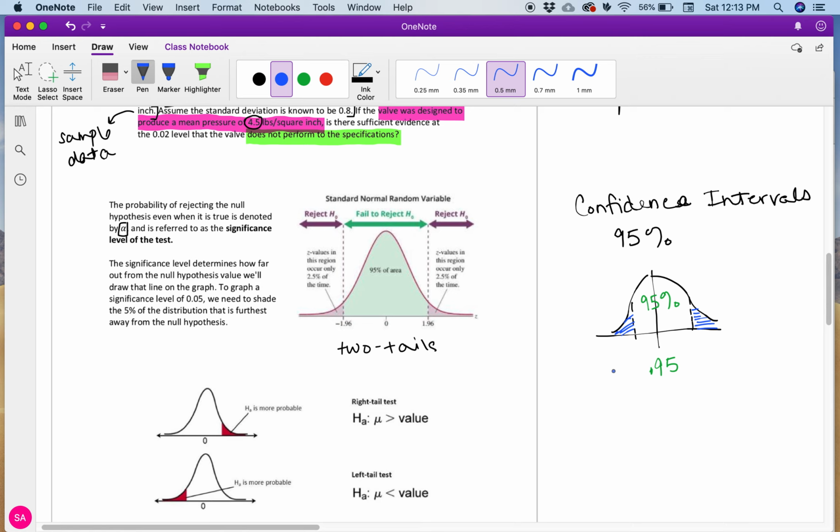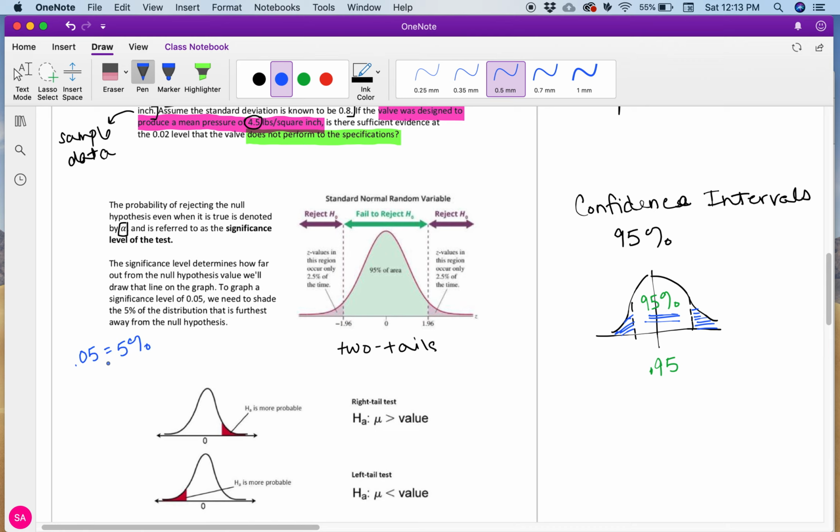So we did this with confidence intervals. It's just that we were referring directly to the 95%. And then you could kind of work backwards to figure out the area in the tails. Well, when we work with hypothesis testing, when they give us the significance level, they're giving us the area in the tails, right? So 0.05 is equal to 5%.